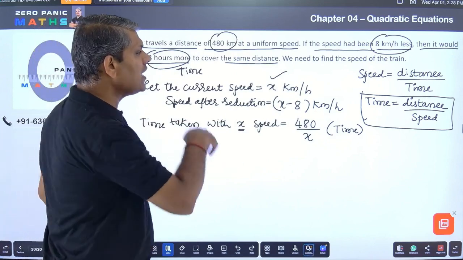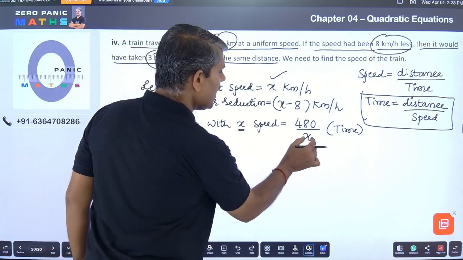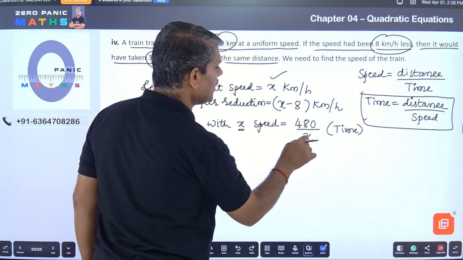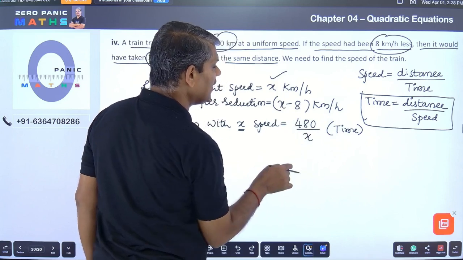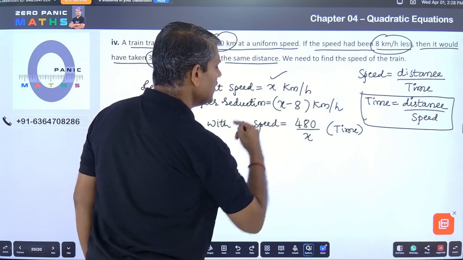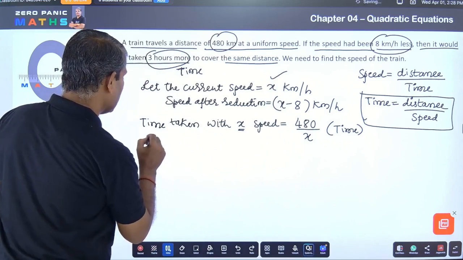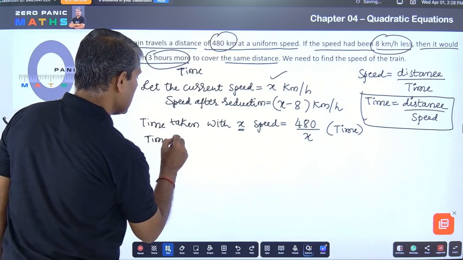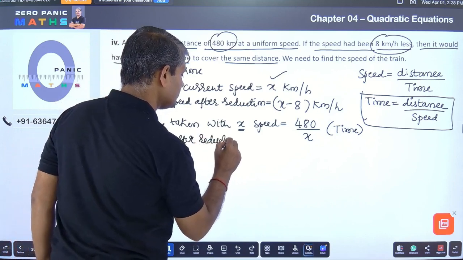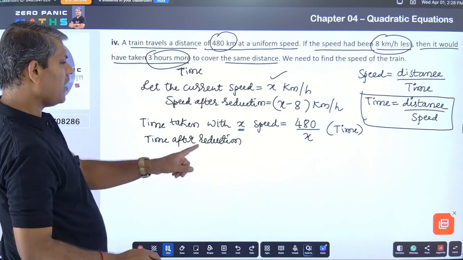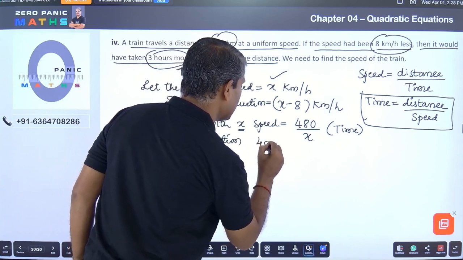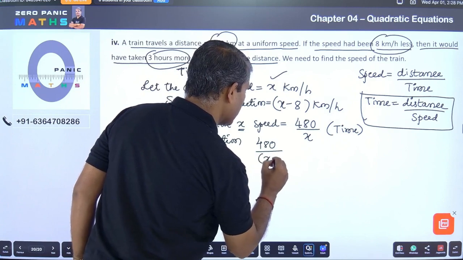And what they are saying is, if you reduce the speed to x minus 8, the time you get after reducing the speed will be 3 hours more than the previous time. So the time after reduction is 480 divided by x minus 8.